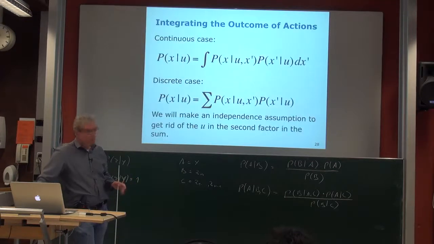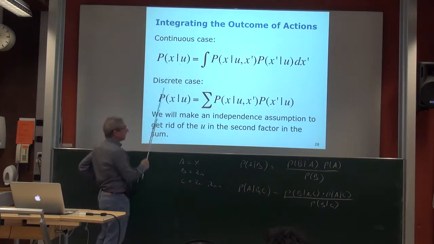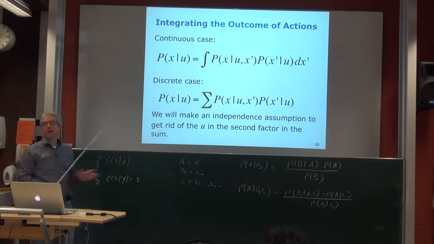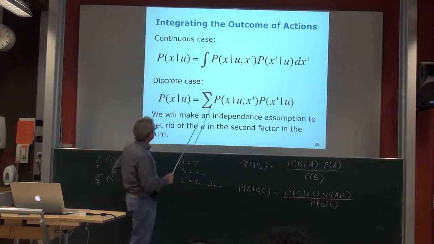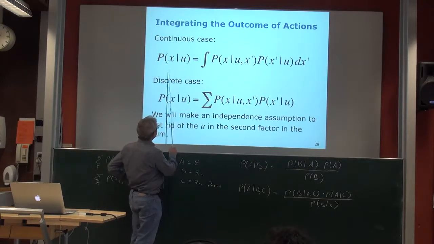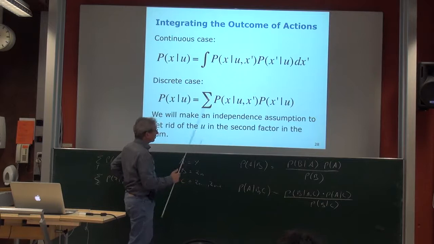But what we are interested in is the state of the door given that action, without exactly knowing what the state of the door was. And here now comes the law of total probability, which basically says this is nothing else but, let's say, take the discrete case, summing over all x prime of p of x given u and x prime times the prior of x prime.